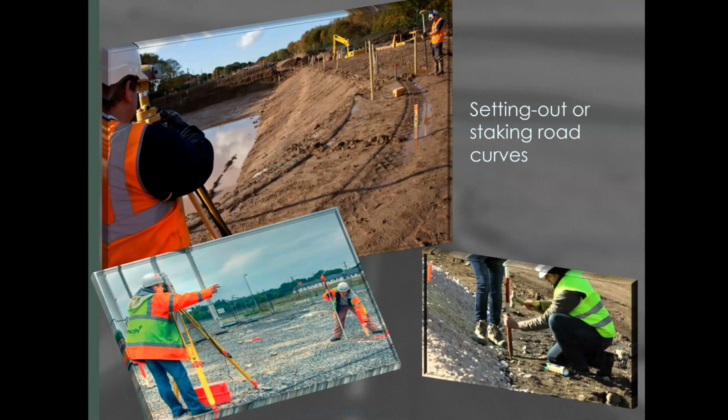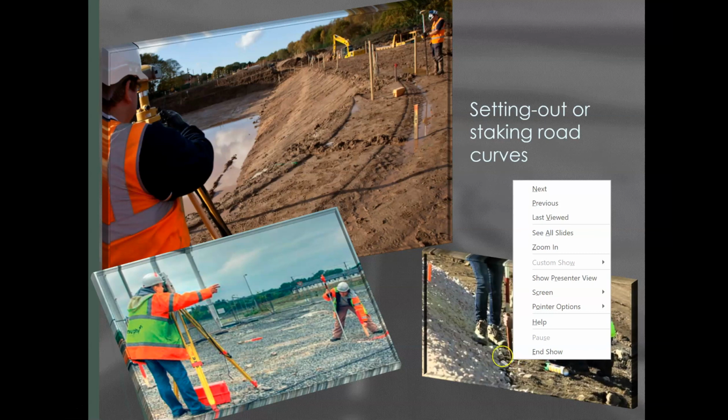Okay, in the field it might look something like this. You have to put stakes in like that, put them nicely and firmly in the ground. Then you might have a few points along the line to represent the curve. Normally it will be something like this: we'll have somebody at the total station instructing another person, putting the stake in left or right, forward or back, and so on.